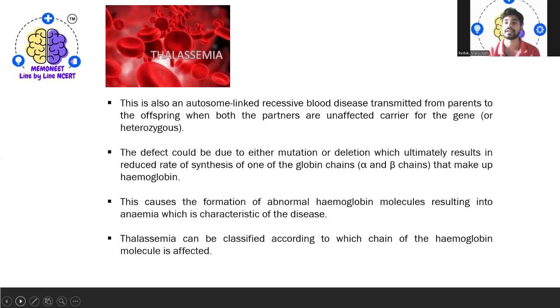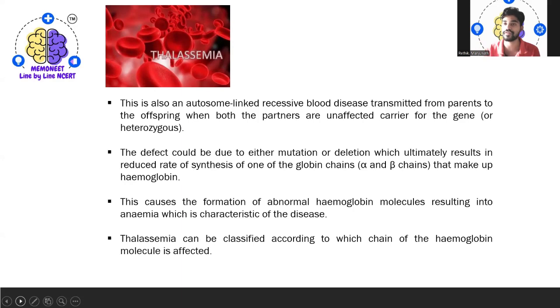See what happens in the makeup of hemoglobin. In hemoglobin, we normally see two types of chains, alpha and beta chains, that make up the hemoglobin. So if there is any mutation or deletion in either of these chains, it ultimately leads to a reduced rate of synthesis of one of the globin chains that make up the hemoglobin, and thalassemia is observed.